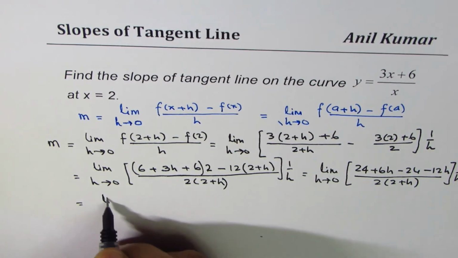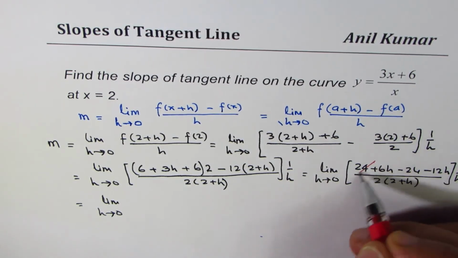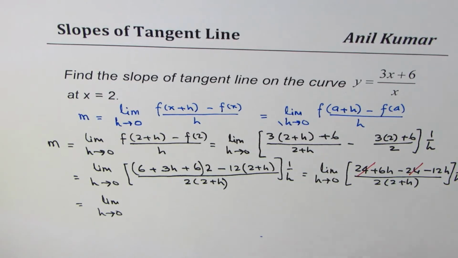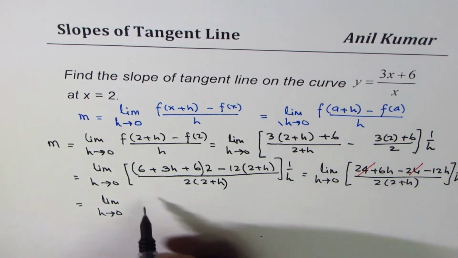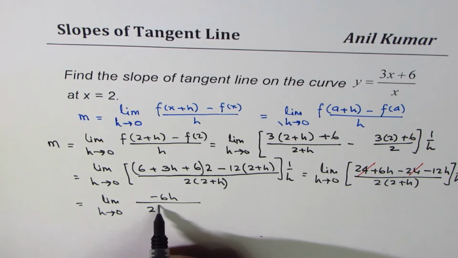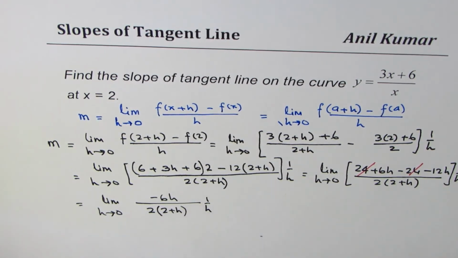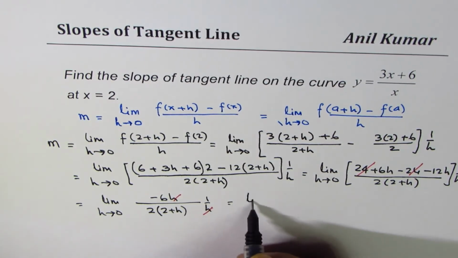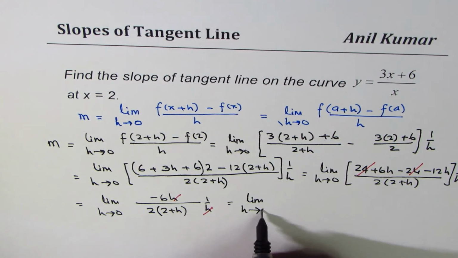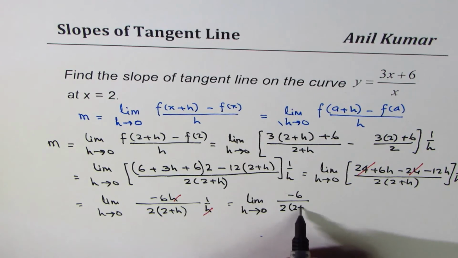So that gives us limit h approaches 0. 24 minus 24 is 0, they cancel out. What we are left with is 6h minus 12h, which is minus 6h, divided by 2 times (2 + h), times 1 over h. So h and h cancel, and we could write this as limit h approaches 0 of minus 6 over 2 times (2 + h).